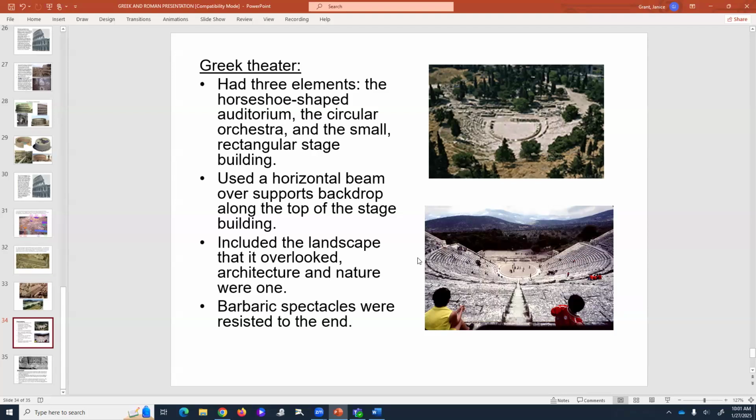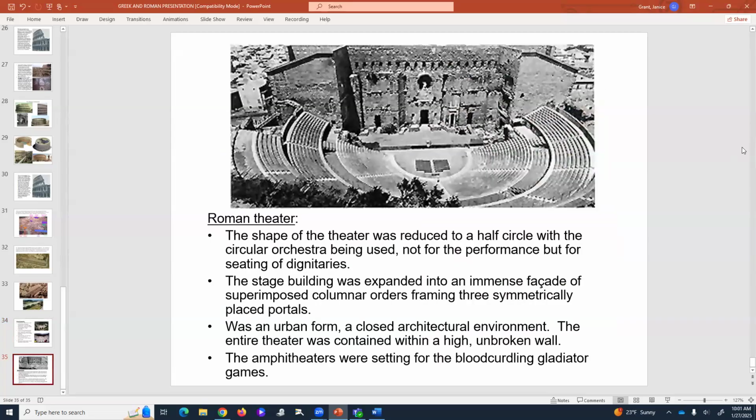It wasn't as much barbaric spectacles like what we see in the Roman theater, which is more closed off. Once you're in, you're in.